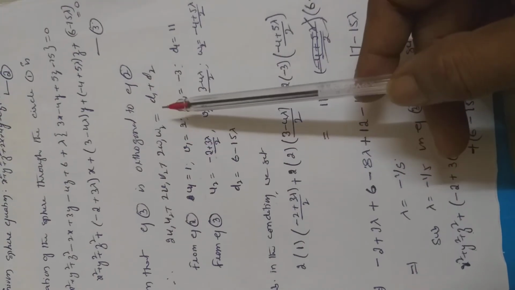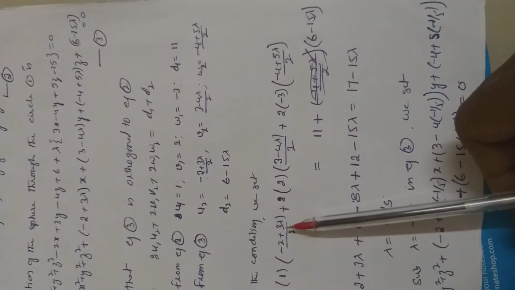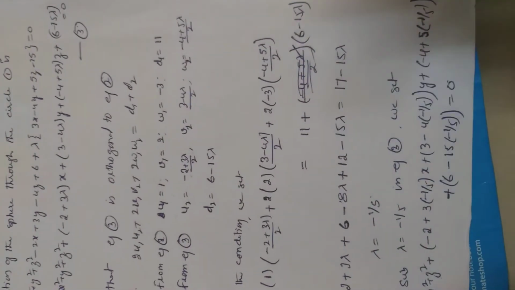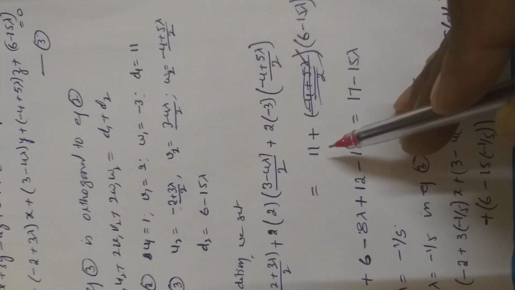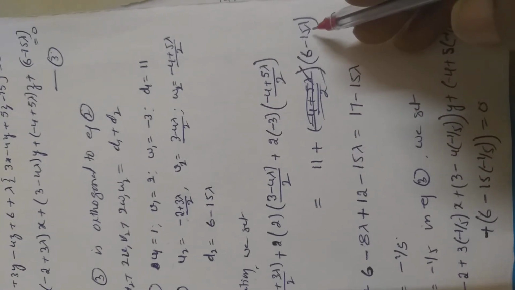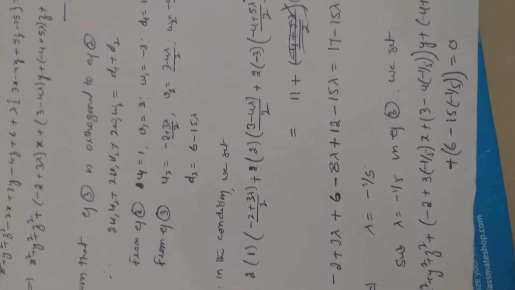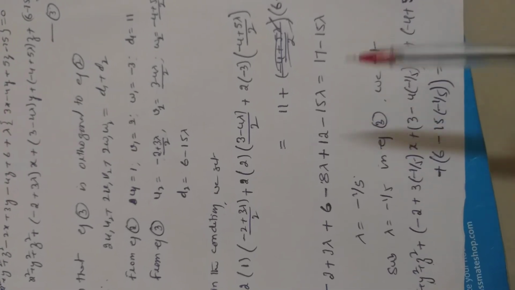Substituting in this condition, because the two spheres cut orthogonally, LHS is equal to RHS. Here d1 is 11 plus d2 is 6 minus 15 lambda. Now solving this equation, we get lambda is equal to minus 1 by 5.